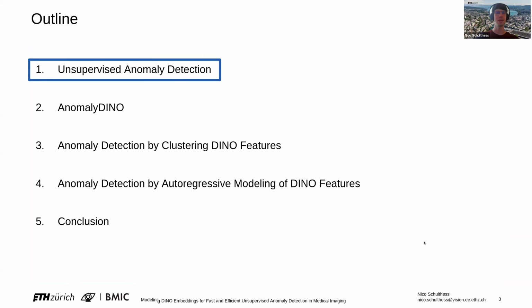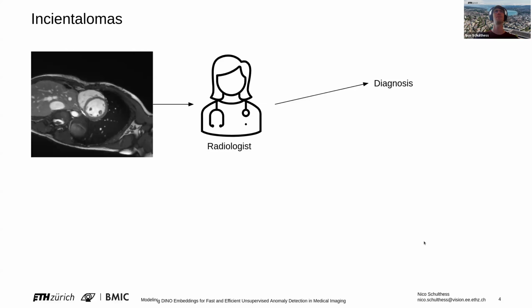So why should we even care about unsupervised anomaly detection? When a radiology scan is administered, usually there is a question behind it. There is a certain diagnosis which is in question, or just some issue that needs to be checked.